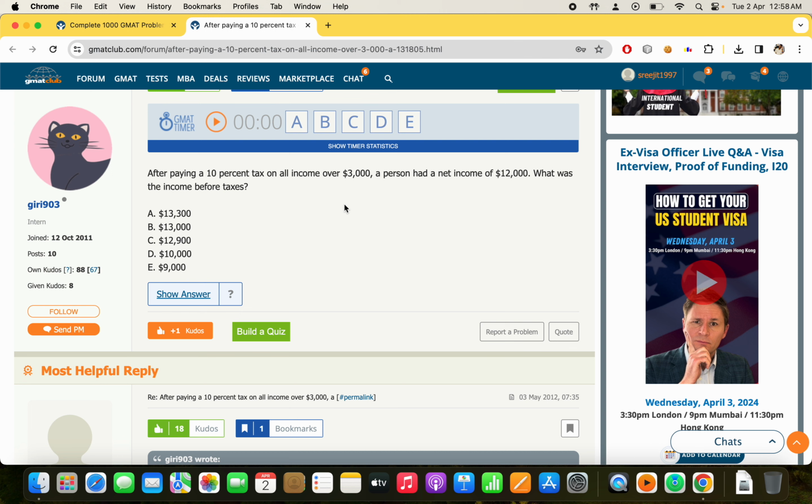I don't think so. Before tax, income will be more. So after tax, income will be less. That is logical.